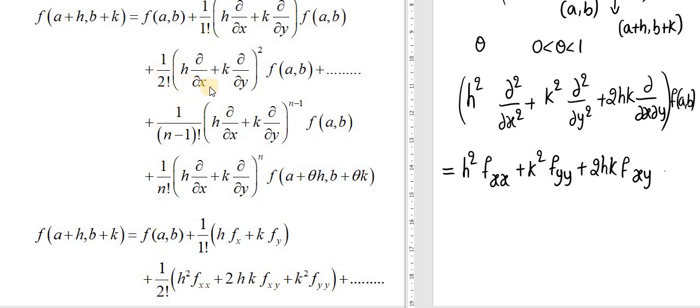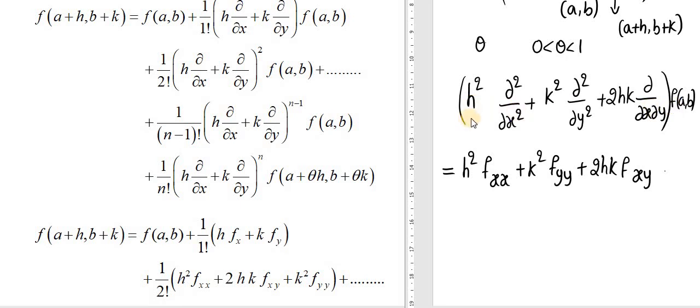Here we are going to use the formula a plus b whole square, so a square plus b square plus 2ab. That's why we are going to get h square dou square by dou x square plus k square dou square by dou y square plus 2hk dou by dou x dou y f of a comma b.